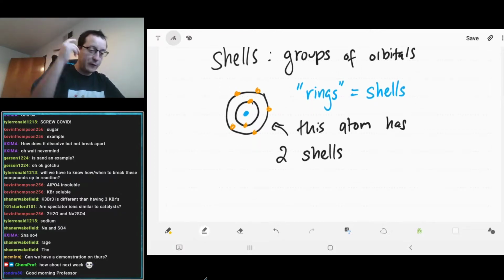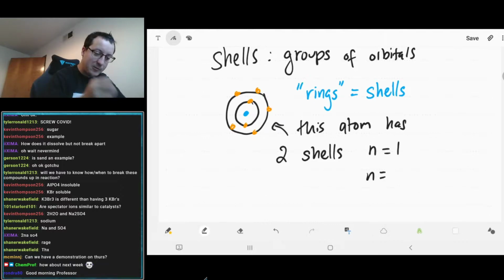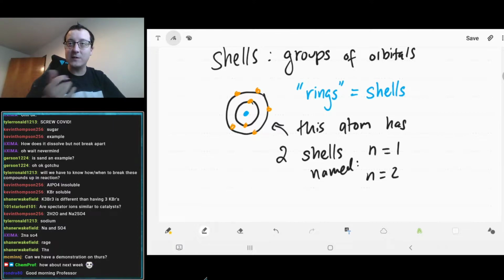We're going to talk about those shells as n equals 1 is 1 shell, n equals 2 is another shell. So those are going to be the 2 shells that this atom has.